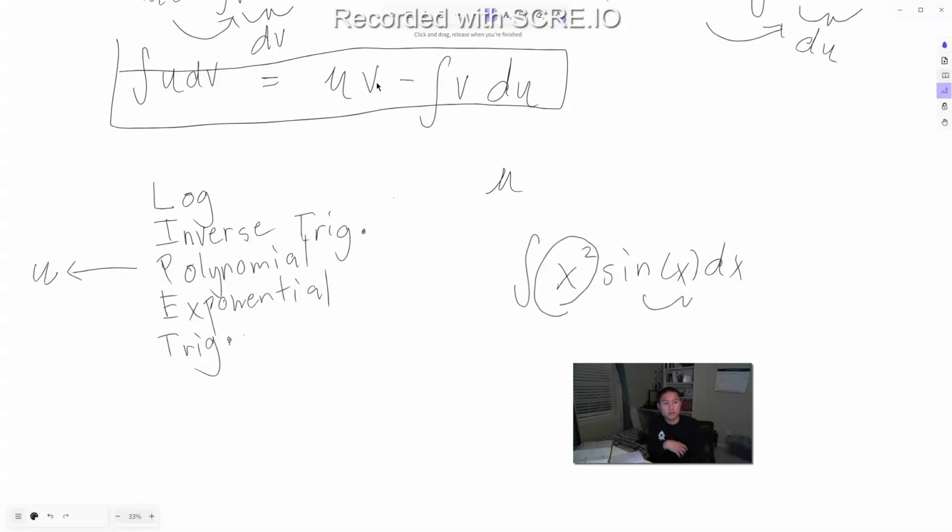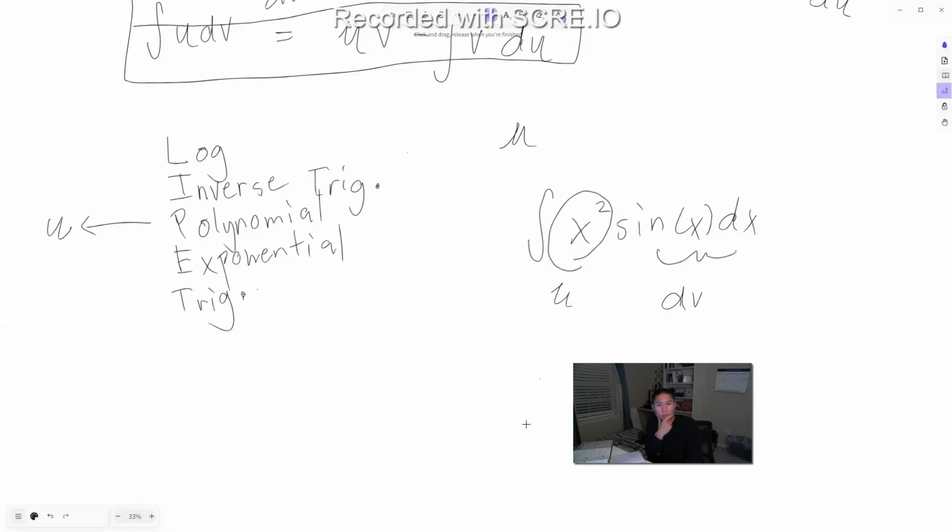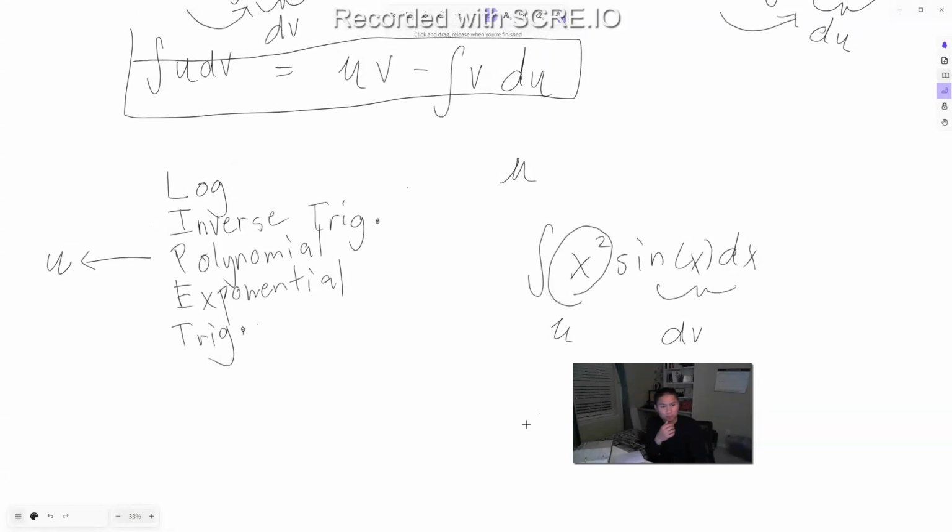Sine x dx will then be our dv. This will be your u. Now, why? This has something to do with how complex it is to take a derivative versus an integral of a function. We will have to derive u here, and for v, we'll have to integrate v.